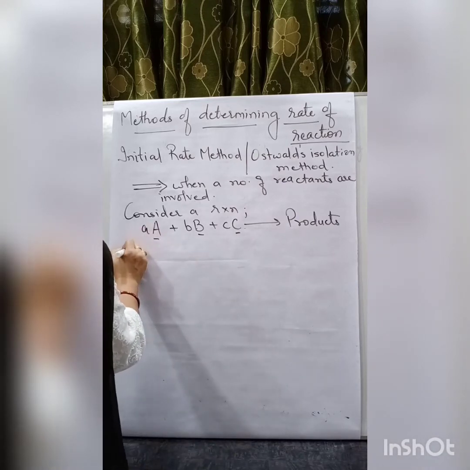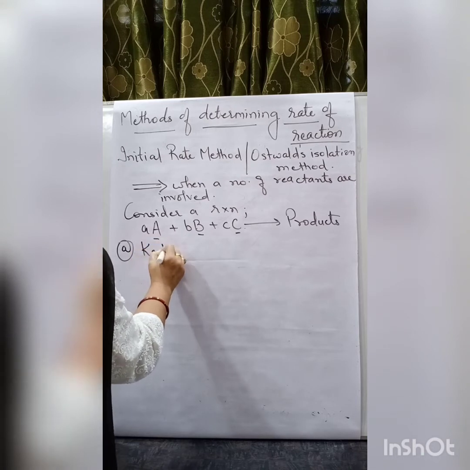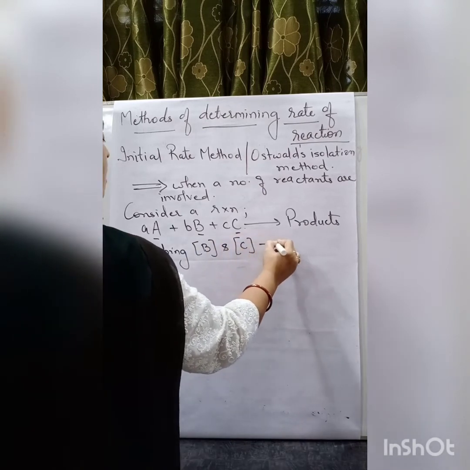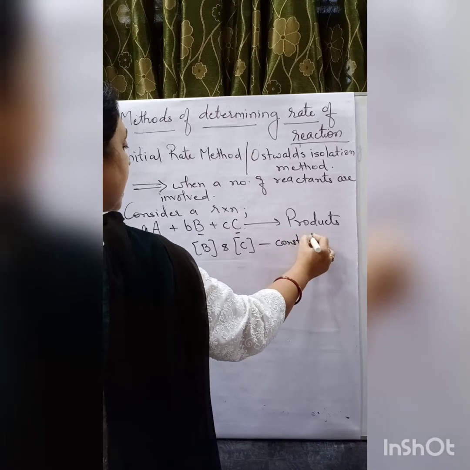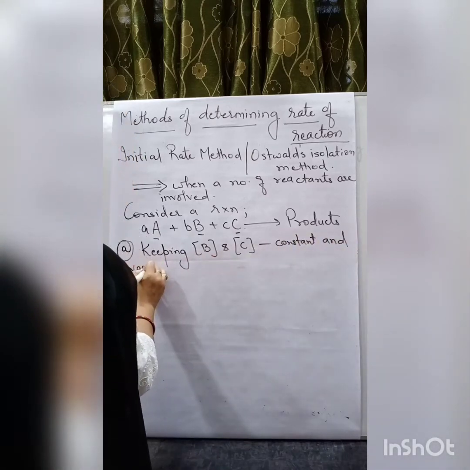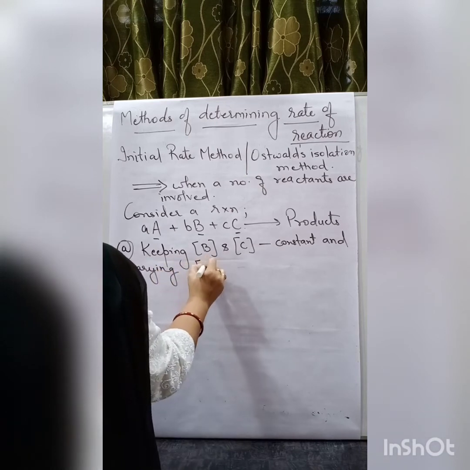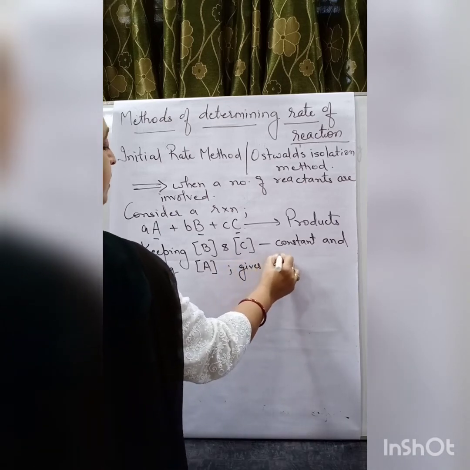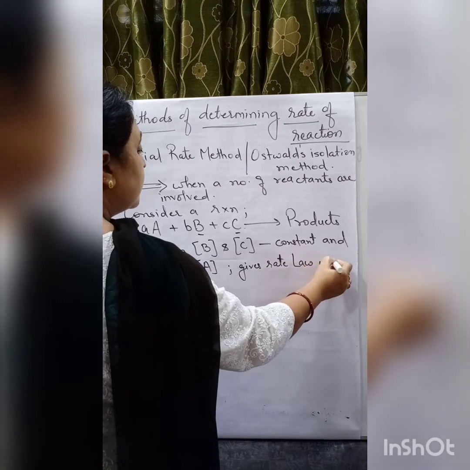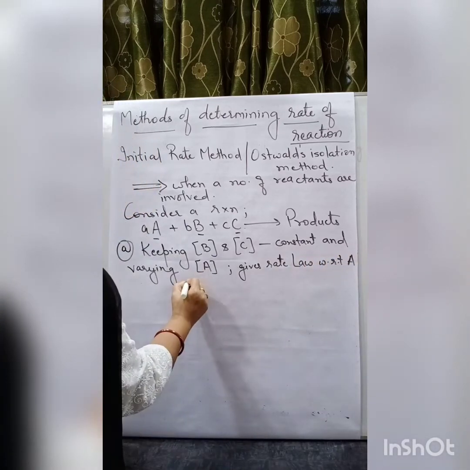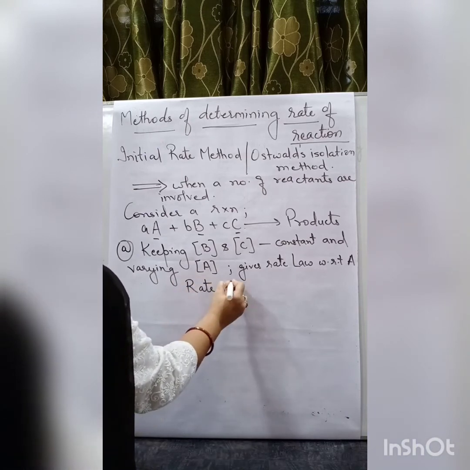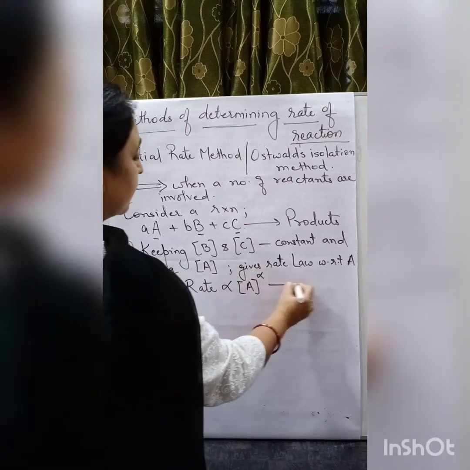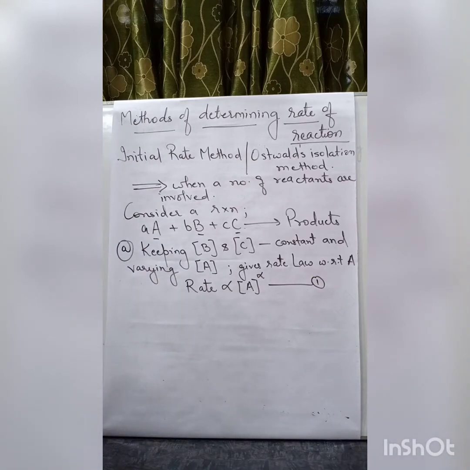In step 1, keeping concentration of B and concentration of C constant and varying concentration of A gives the rate law with respect to A. Rate proportional to concentration of A raised to alpha, which is determined experimentally. Let it be equation number 1.